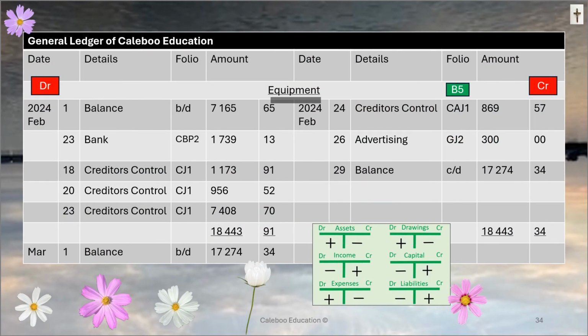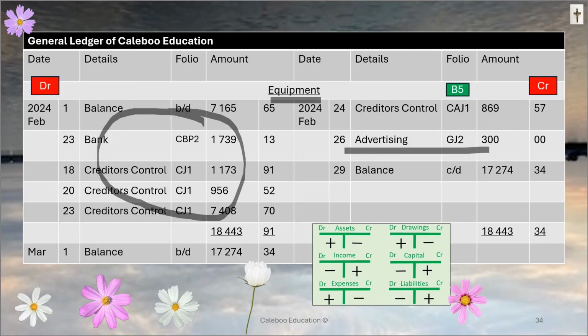Equipment. I'm not going to go through the whole account, but basically equipment was bought for cash and on credit, and then that is a correction of error. The equipment account was debited instead of advertising, and some equipment was returned. But this I've done in the journal videos. My objective here is to look at balancing general ledger accounts.